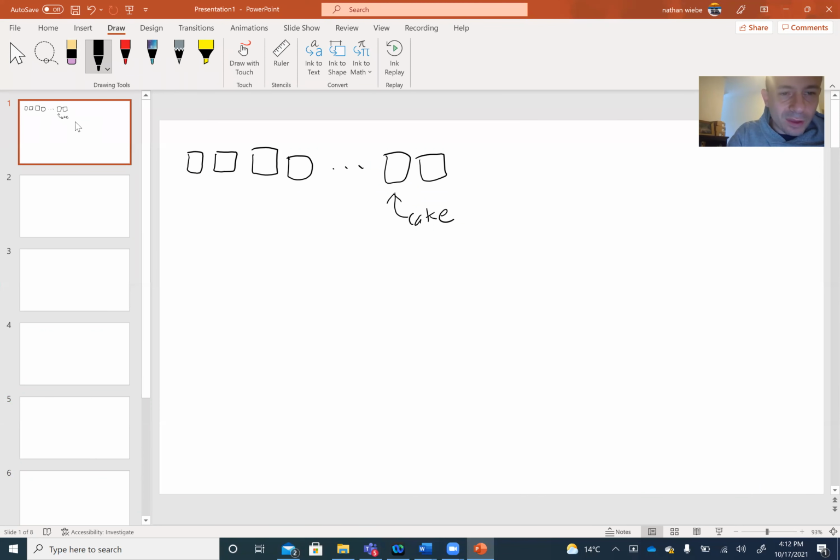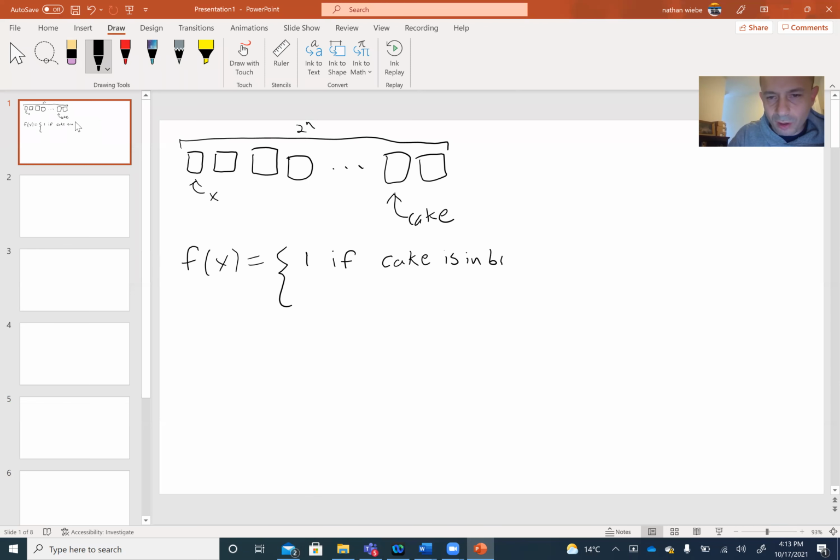We have a function f that will take in an argument which corresponds to one of the 2 to the n boxes. Let's call this box index x, and this function is equal to 1 if cake is in box x and 0 otherwise.